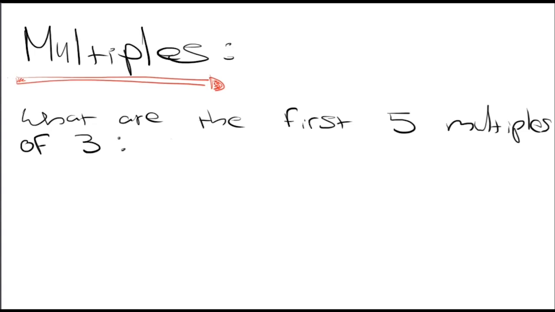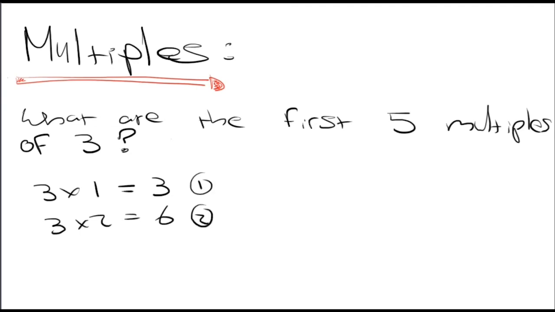What you would do is start multiplying 3 from the lowest possible point of multiplication. That would be 3 times 1, upward until you get to the first 5 multiples. So 3 times 1 is 3. That's 1 multiple. 3 times 2 is 6. That's another multiple.